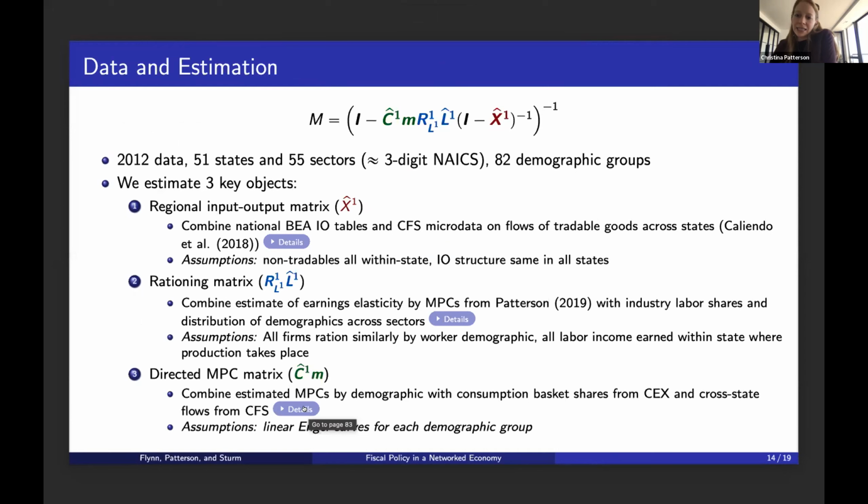Yeah, as Joel said, we address that somewhat. You're absolutely right. It would be ideal if we could estimate the MPC for particular goods by demographic group, which we just don't have the power to do here. One thing we were able to do is use the PSID, mostly, and then the consumption shares come from the CEX. But in the later years of the PSID, we do have different baskets of different types of consumption.